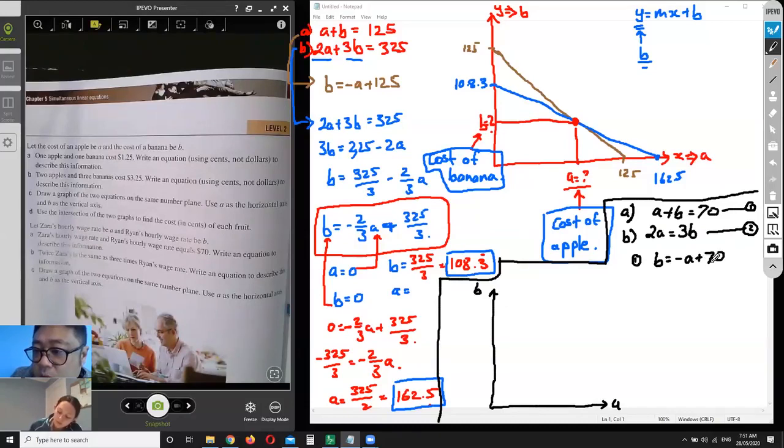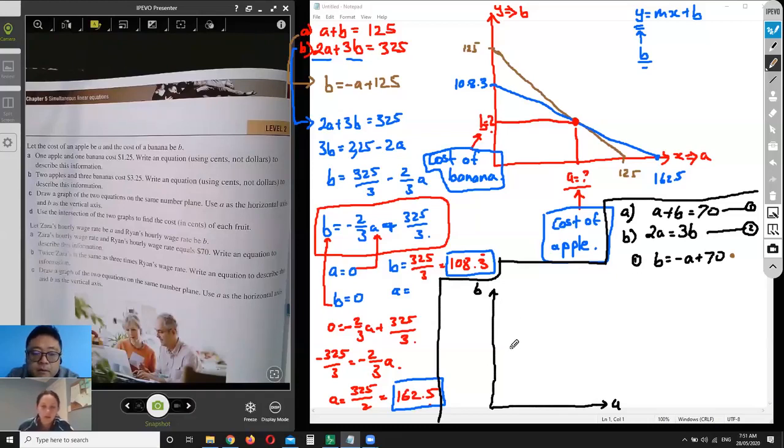So how would that look on a graph? Tell me how you would approach graphing this. To do the same for the A and the B. Okay, so when A equals 0, B equals 70.